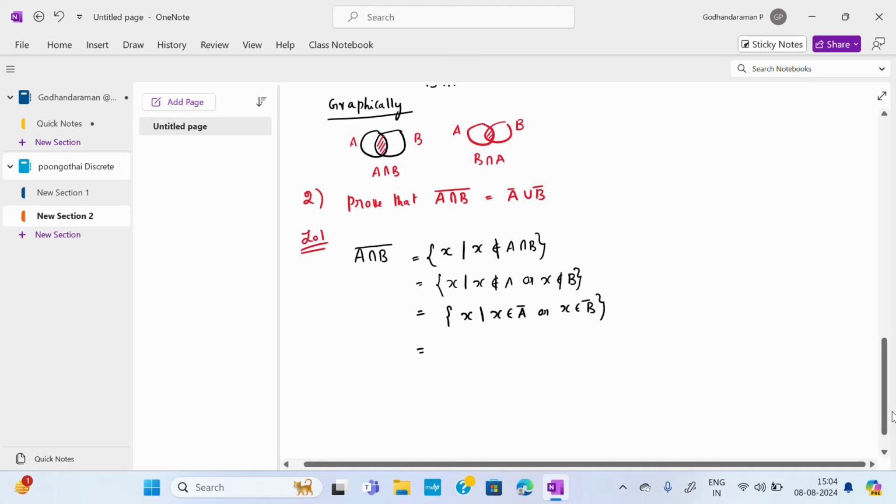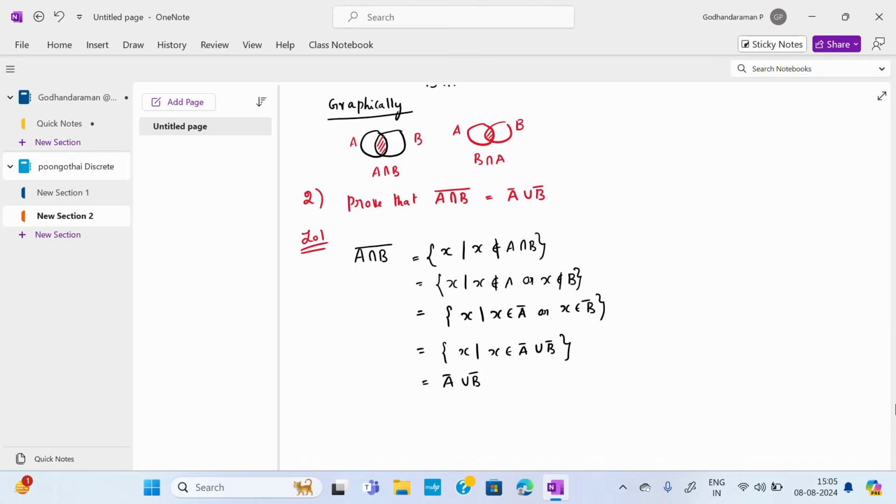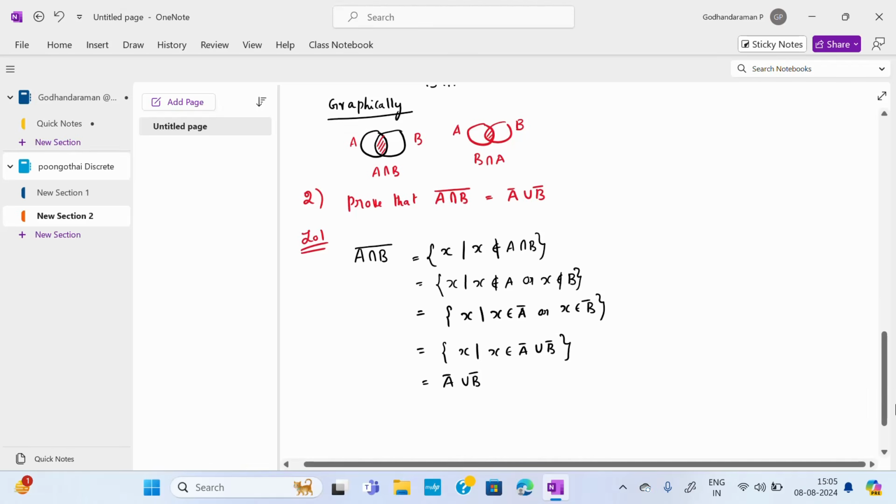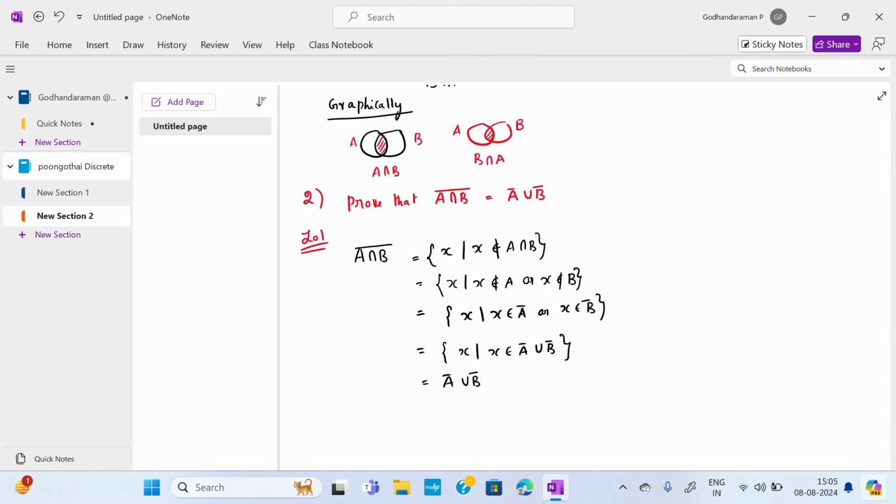Next step, set of all x such that x belongs to A bar union B bar. So it is proved. Why do we write it as or here? Intersection means and, but what is the meaning here, does not, so does not means it is a meaning both. That is why I write or here. Next question.